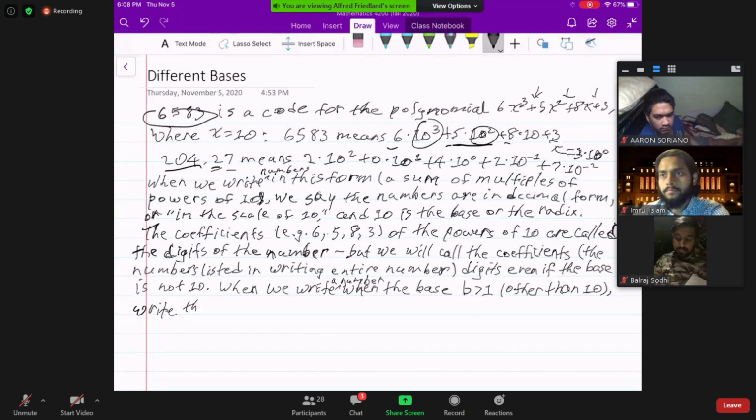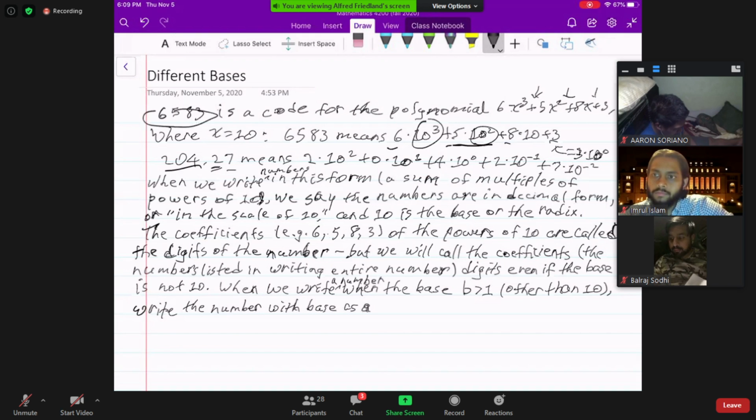write the number with the base as a subscript after the number.